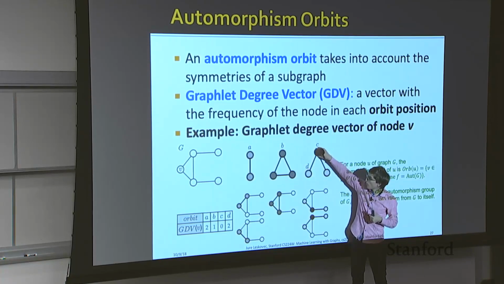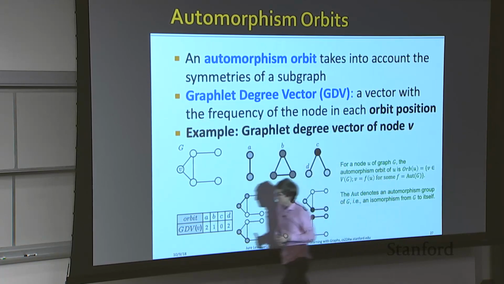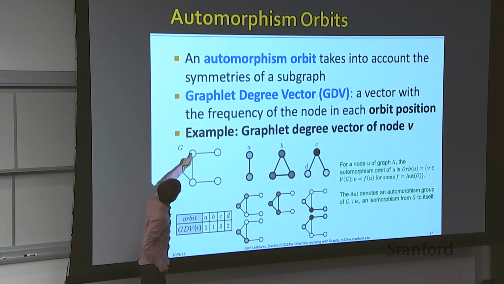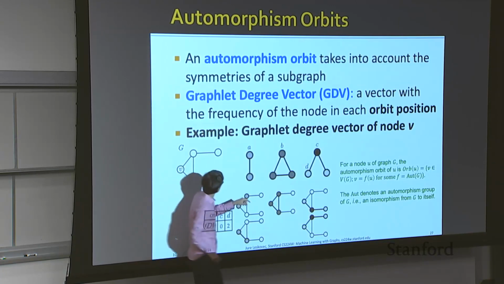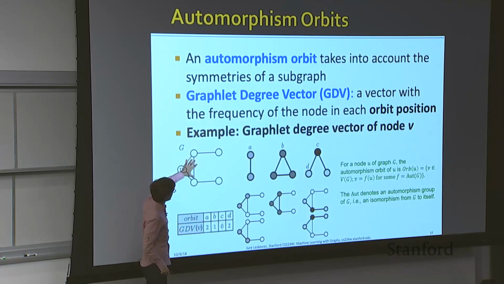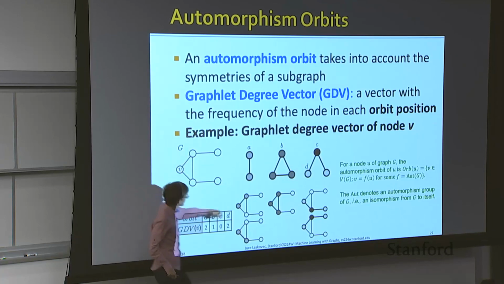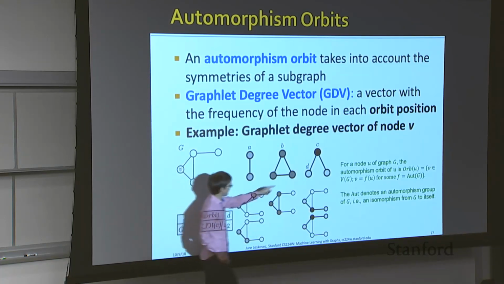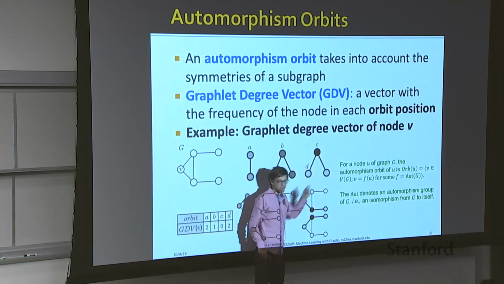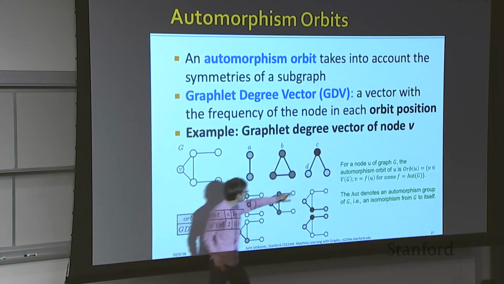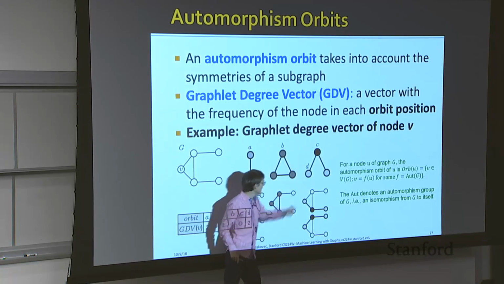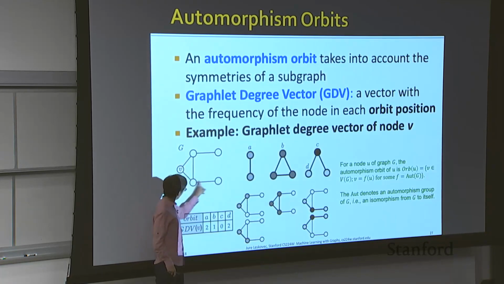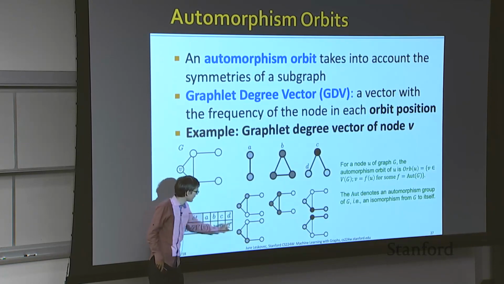So for the orbit C, the instance of it would be here, but because this is defined as an induced subgraph, I have this edge too much, so my node V does not participate at orbit C in this type of graphlet. But if I look at the orbit D, then I see 2 instances of it, here and here, and that's why I have a count of 2.